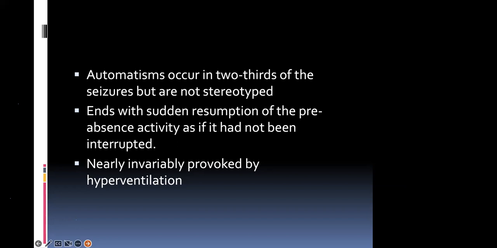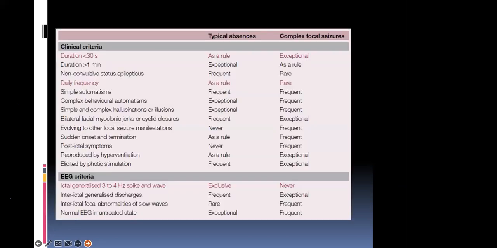Sometimes, when we are encountering for the first time a brief loss of consciousness or awareness associated with automatisms, we might consider even complex partial seizures, which might come from the temporal lobe or frontal lobe. They can also have, without aura, a behavioral arrest and some automatisms, and immediately they will resume their activity.